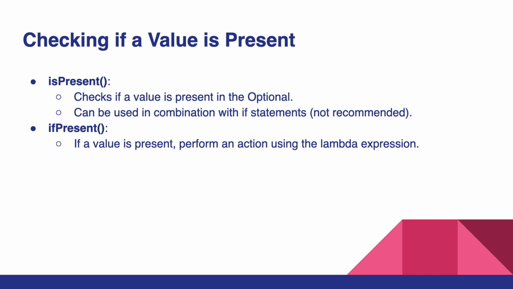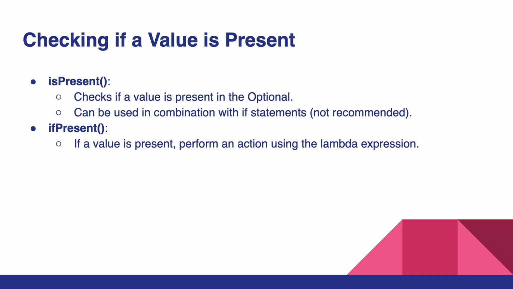Once you have an Optional, how do you check if it contains a value? There are two commonly used methods, isPresent and ifPresent. The isPresent method checks if a value exists inside the Optional.